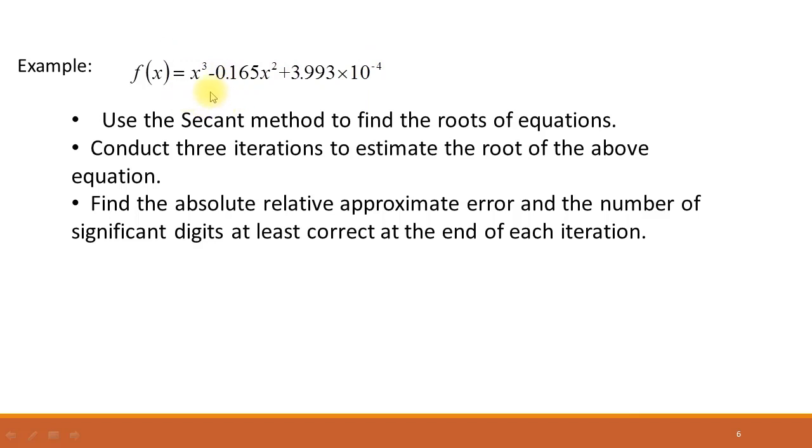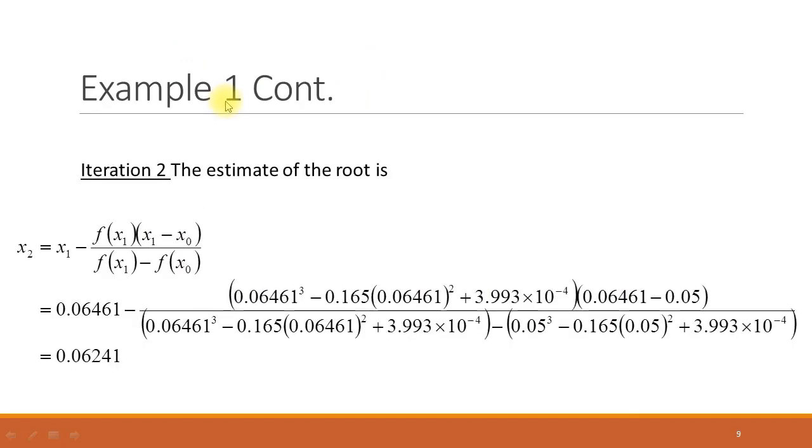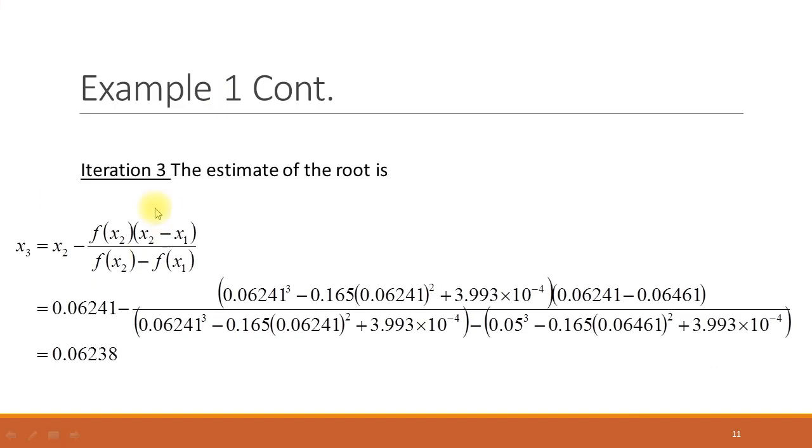So for each iteration, suppose here we find x3, so x3 is equal to x2 minus f of x2 into x2 minus x1 divided by f of x2 minus f of x1. For this iteration, estimating f of x2 means putting the value of x2 in the given function, and f of x1 means putting the value of x1 in the given function.